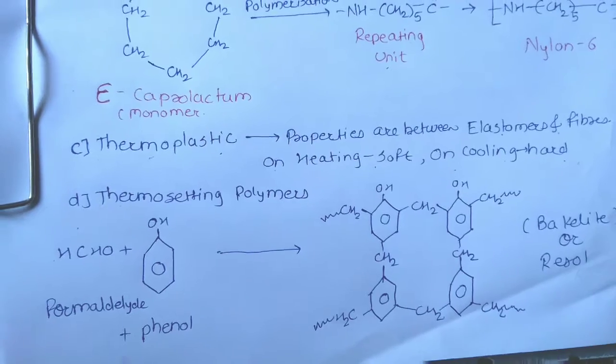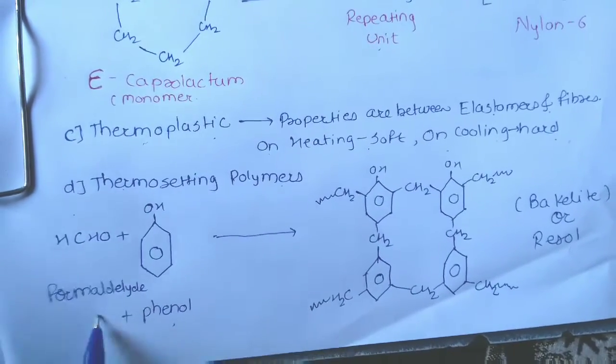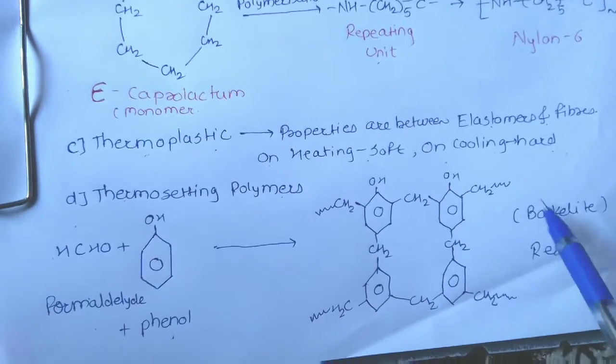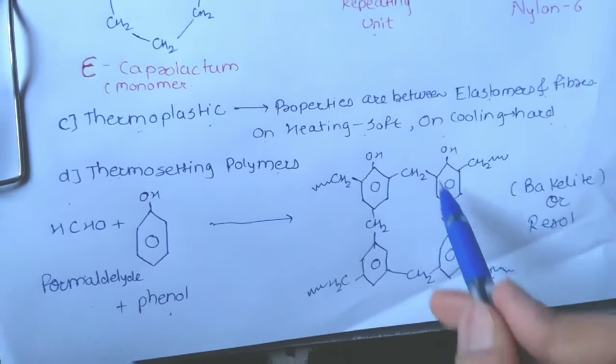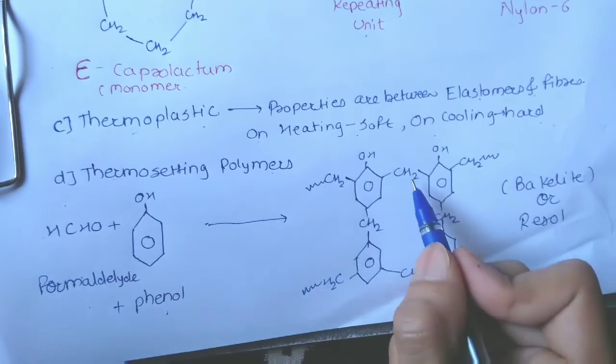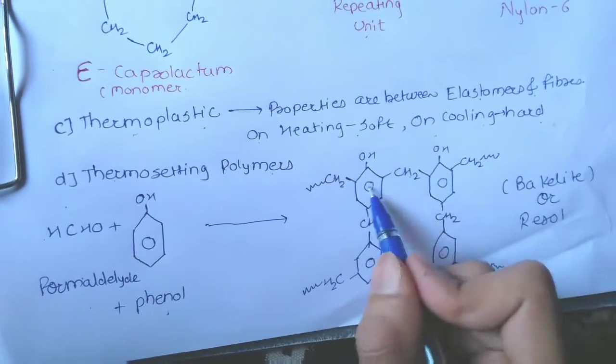Next is thermosetting polymers. When formaldehyde and phenol are added, we will get Bakelite structure or resol structure. So basically, how to write Bakelite structure? CH2 is written between two structures.